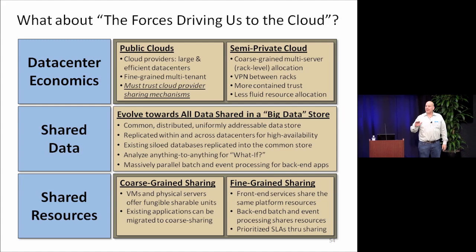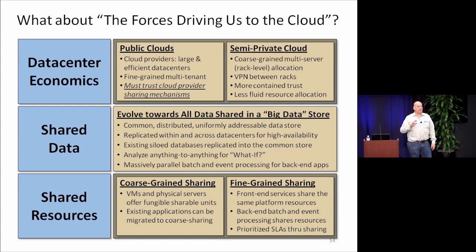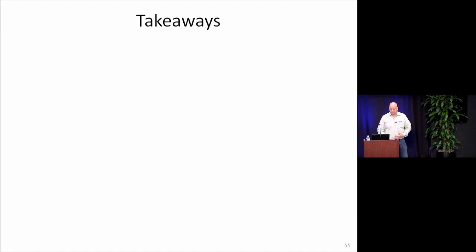Or can we do fine-grain sharing, where it's the individual web service requests, the session state going into a pool, the things I'm pushing into the data cache that I'm sharing? What's the boundary for that? How can I manage SLAs across that? We haven't done enough of security, identity, and SLA management in these environments yet.